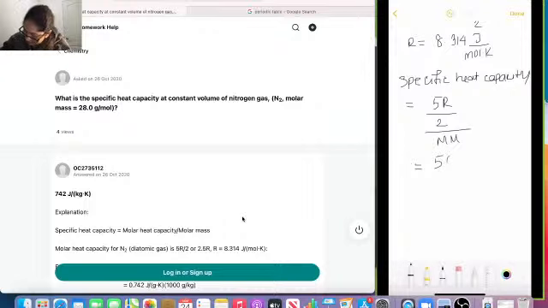So I'm just going to do 5 times 8.314 joules per mole Kelvin over 2, and this is all over 28.0 grams per mole.